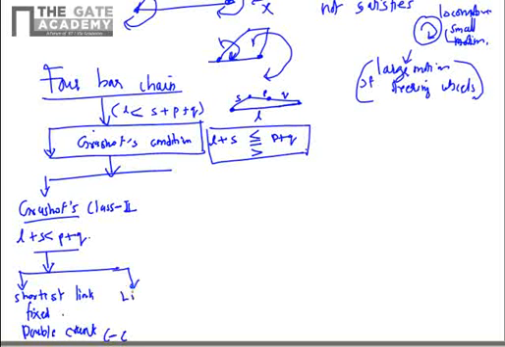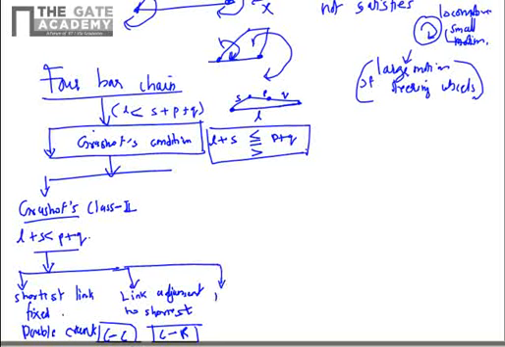If the link adjacent to the shortest link is fixed, we get a crank rocker mechanism. And if the link opposite to the shortest link is fixed, we get a rocker mechanism.